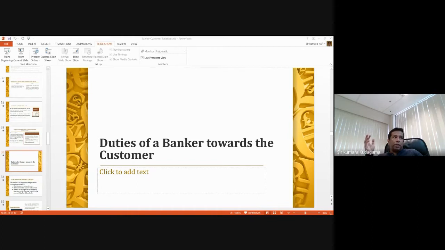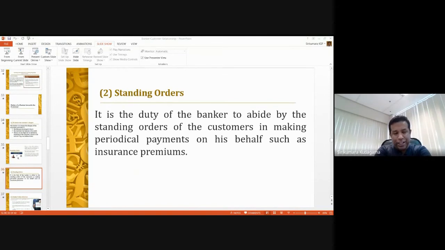Sometimes it may be settlement of utility bills or a credit card. All these things can be done by way of standing orders issued by a customer. In traditional law, standing orders are supposed to be honored by bankers. That is also a duty of the banker towards the customer.